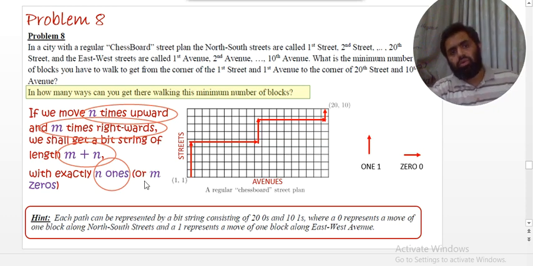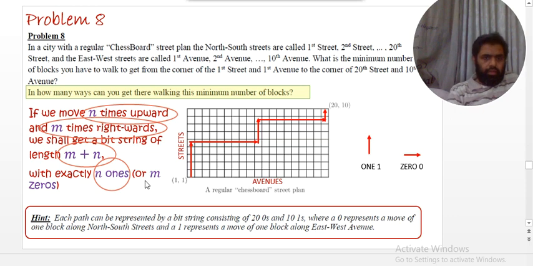So a binary string whose length is m plus n contains exactly n ones. How many such binary strings are possible? Remember from the first part of the assignment, if we have a binary string of length n and it contains r ones, it means out of n objects we are picking r objects.